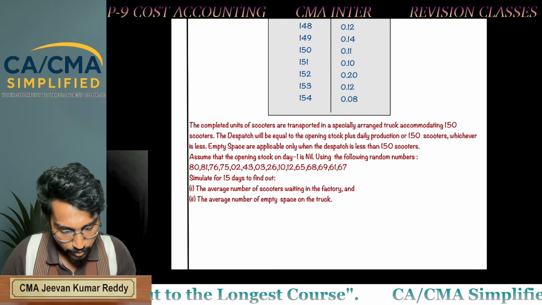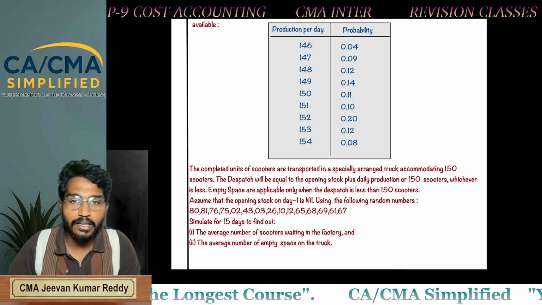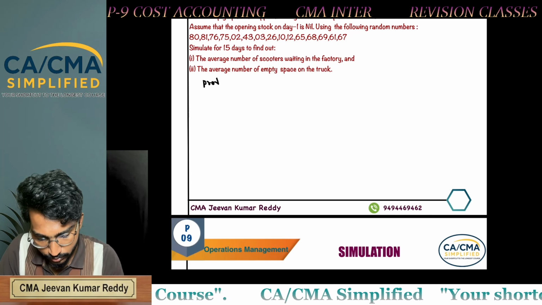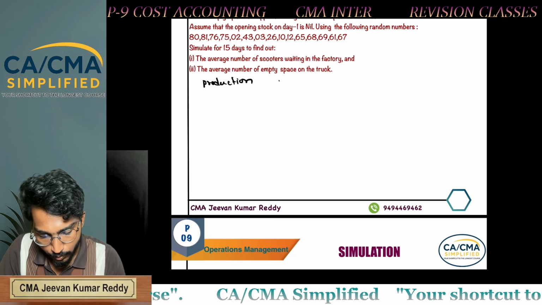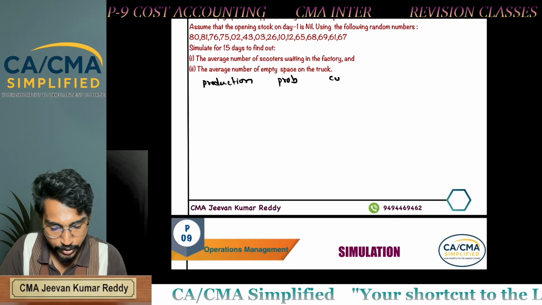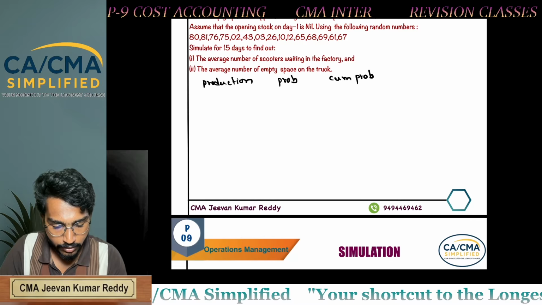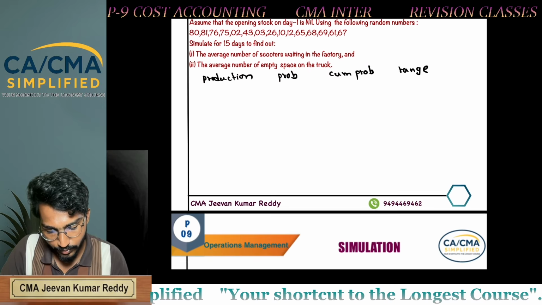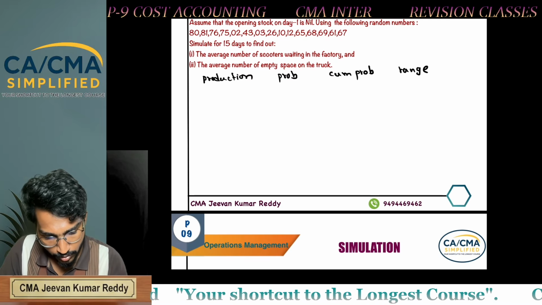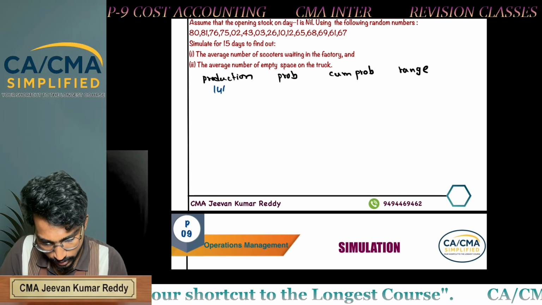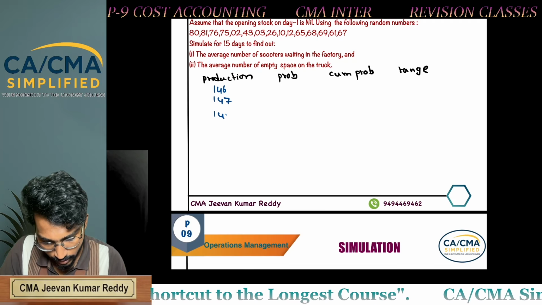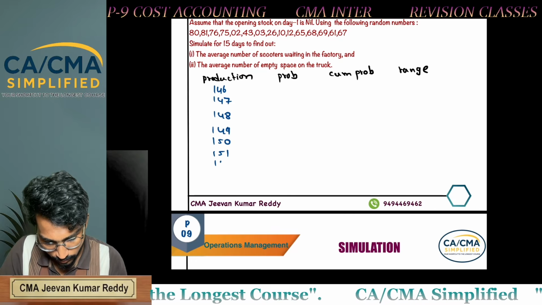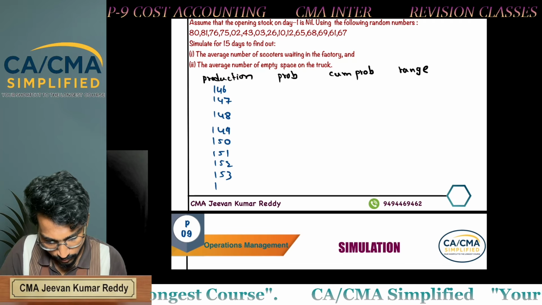First, we need to calculate the range. That means production, probability, cumulative probability, and range. The production is 146 to 154: 146, 147, 148, 149, 150, 151, 152, 153, 154.